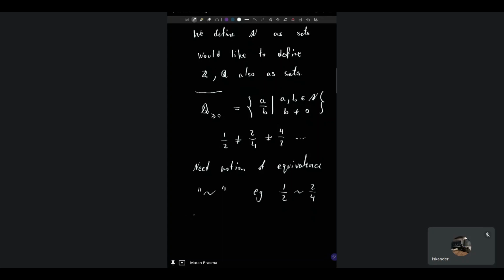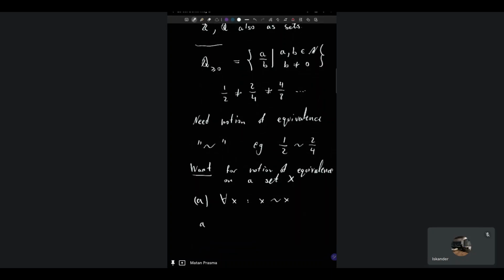What we want as properties, basically, for a notion of equivalence on a set X, we want first that for any x in X, x is going to be equivalent to x, right? Otherwise, it wouldn't make any sense.